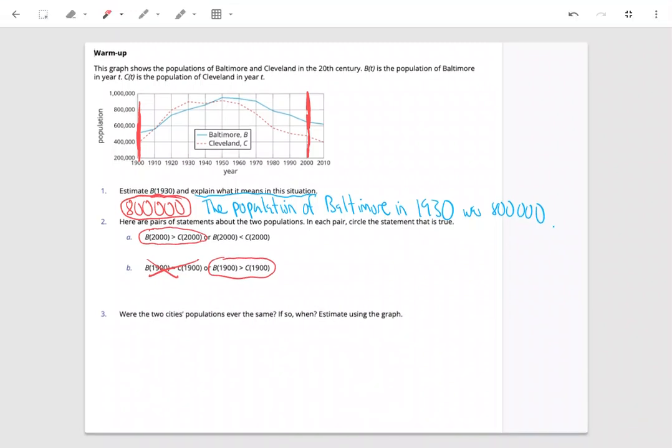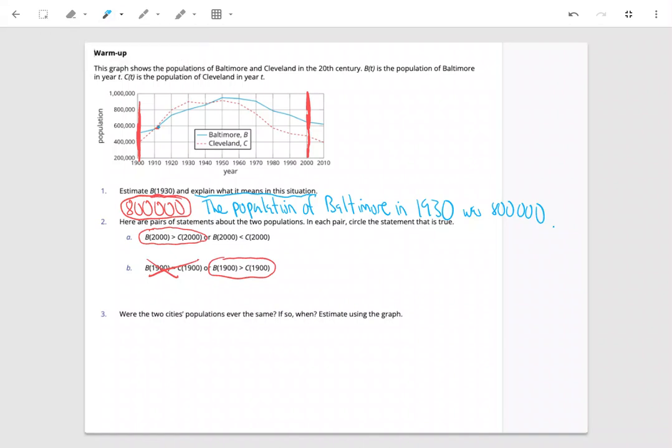Number three, were the two cities' populations ever the same? If so, when? Estimate using the graph. So we're looking for years when both cities' populations were the same. It looks like they intersected here. Okay.